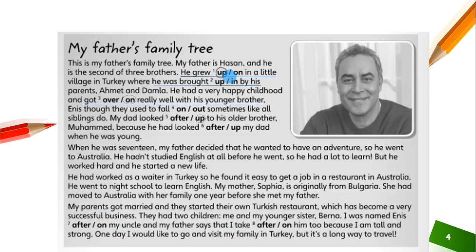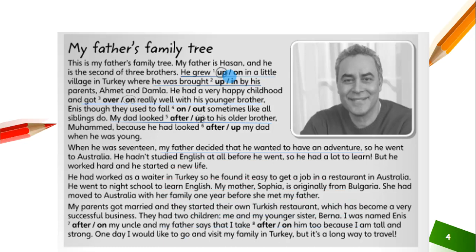Who is the person that he got on with? He used to play with. He has a good relationship with. Then my dad looked up to his older brother. Who is the person that this person looked up to? Who did he respect? Who does he admire?